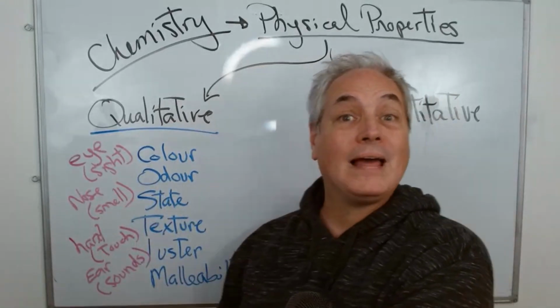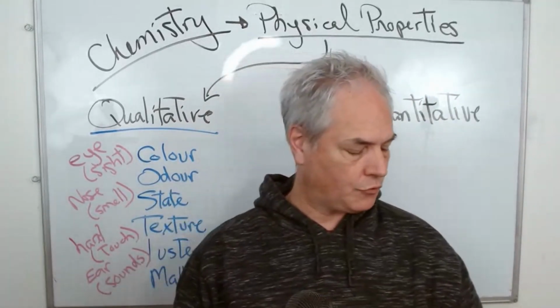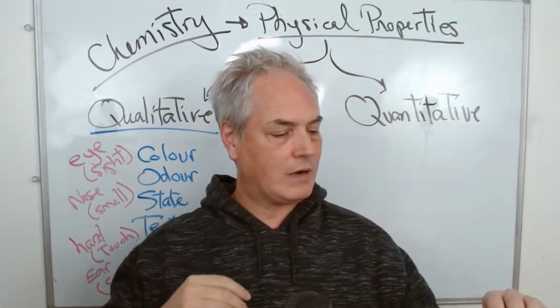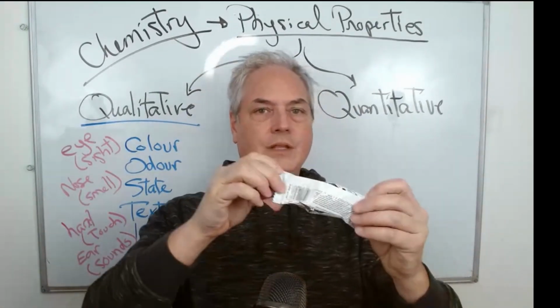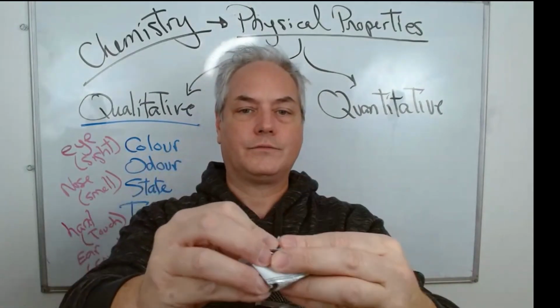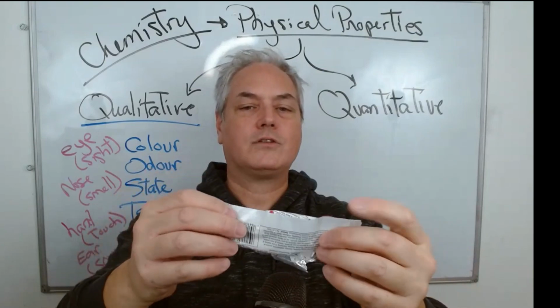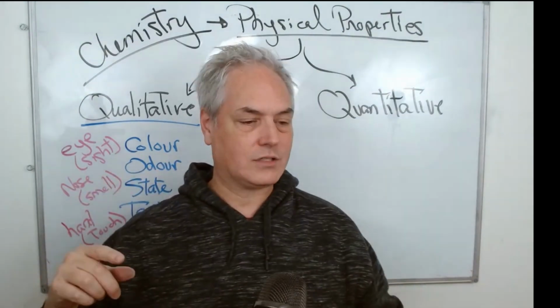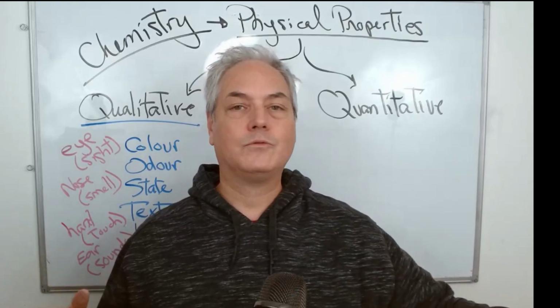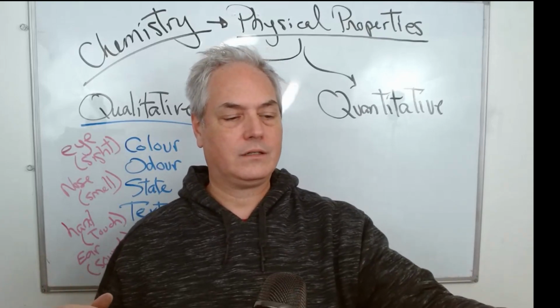Another one will be malleability. So for example, if you have a wrapper like this, and you are wrinkling it, you can still unwrinkle it. And there's some malleability right here. Something can bend, and we can also notice that. So here is an example.